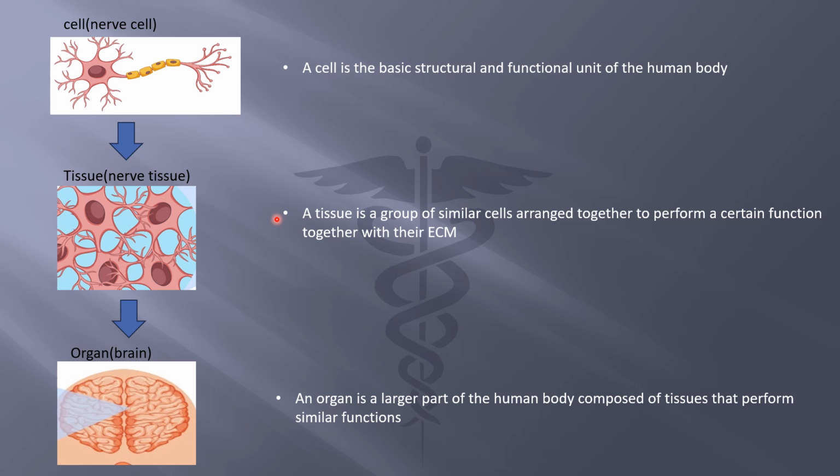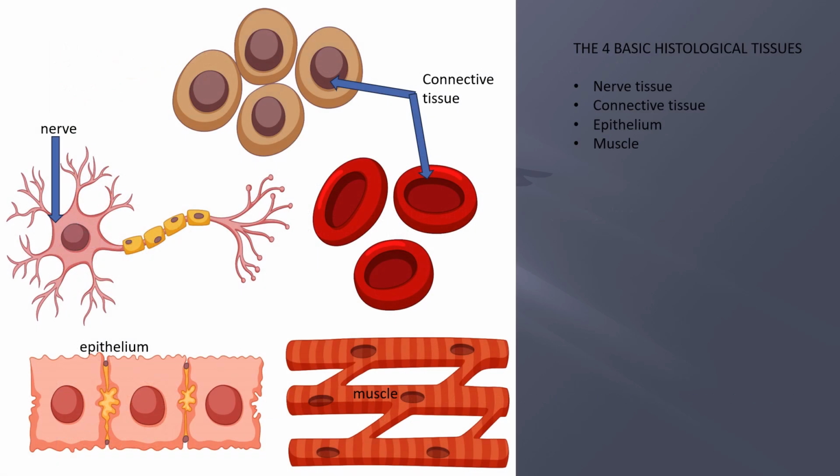Now, let's delve a little bit deeper into our tissues. We have four basic tissues that we're going to focus on in histology as a subject. Number one, there's nerve tissue. This is nerve tissue over here. Number two, there's connective tissue. This is connective tissue. Did you know that blood is a form of connective tissue?